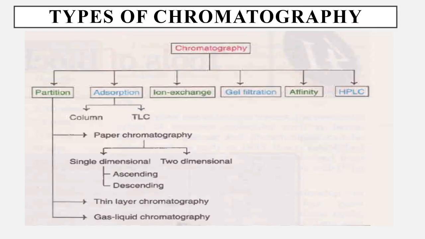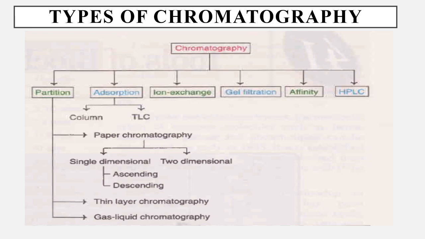There are different types of chromatography: partition chromatography, adsorption chromatography, ion exchange, gel filtration, affinity and high performance liquid chromatography. Based on partition chromatography, there are paper chromatography, thin layer chromatography and gas liquid chromatography.